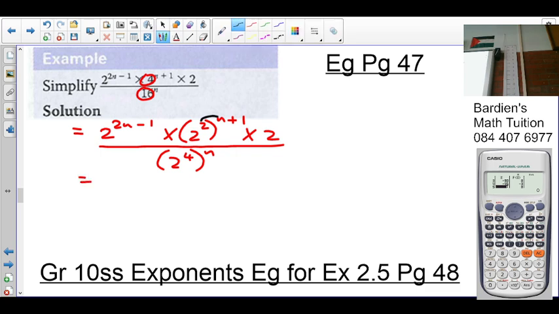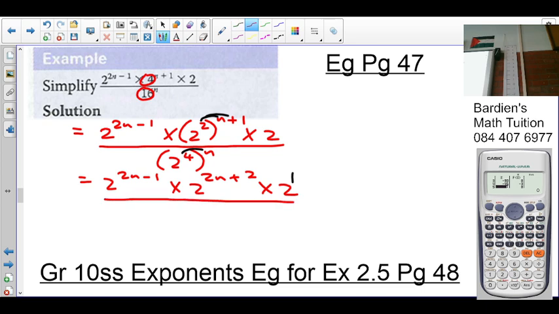We need to get rid of the brackets. So that will be 2 to the 2n minus 1 times 2 to the 2n plus 2 times 2. If there's no exponent there, it's 2 to the 1, over 2 to the 4.